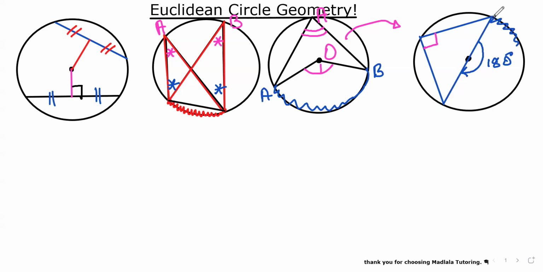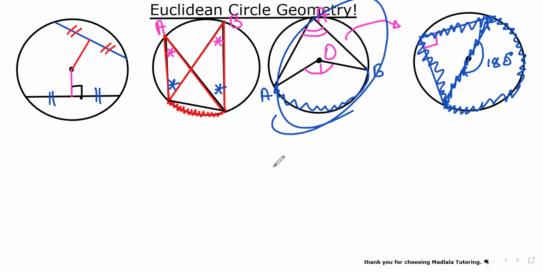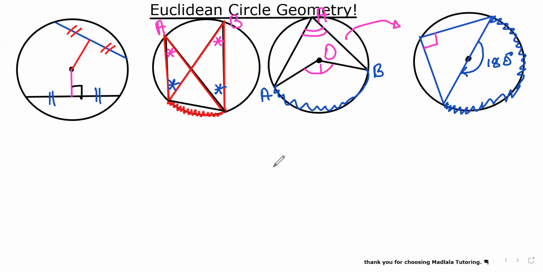This chord, arc. What is wrong with me? This arc subtends the 180 degrees at the center of the circle. And the very same arc is going to subtend this angle at the circumference of the circle. So it's the same thing, but nonetheless, it's a theorem in its own right.